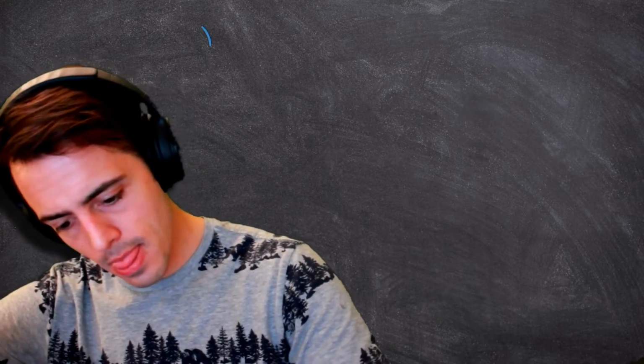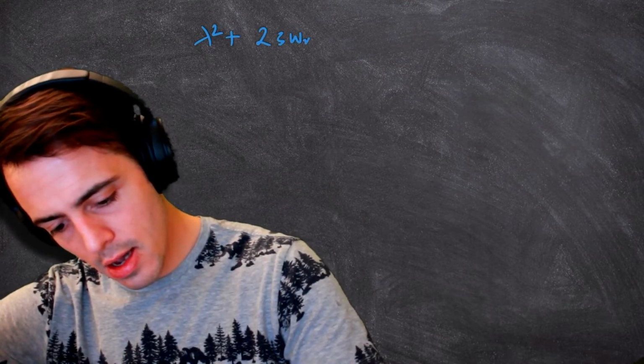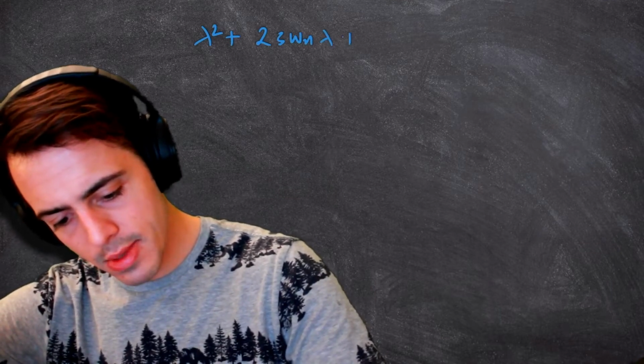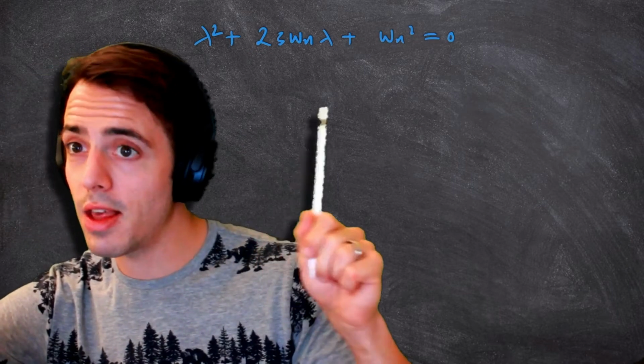You will see that we got the characteristic equation in the form lambda squared plus 2 zeta omega n lambda plus omega n squared is equal to 0. So we got it in this format.